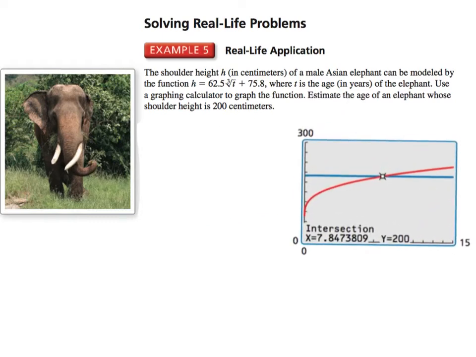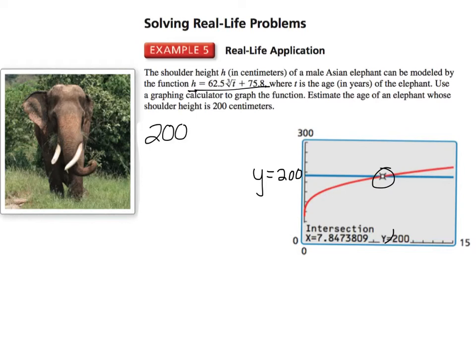So there's my function. Well, the shoulder height, remember, is h, that's height. So we want to know when I plug in 200 there, when would it be? Well, we just look at our graph. Here it is. What did I use to graph this? I graphed 200, and then I graphed the function given to us, and then I just intersected them. You didn't have to graph this. Let me back it up a little bit.